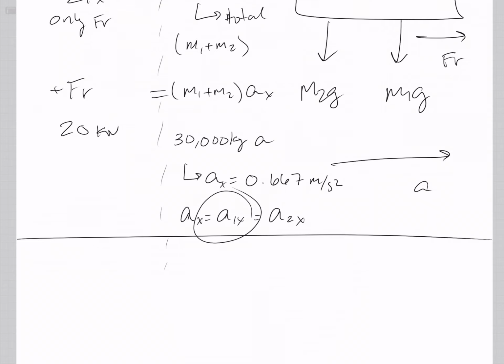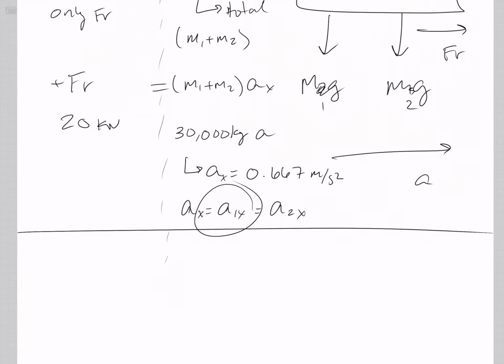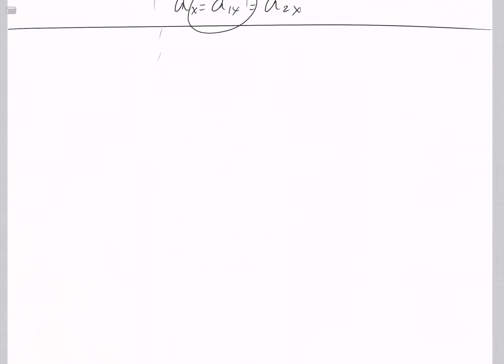Alright, now we have that, and we know now the acceleration of block 1. This is block 1. So let's find now everything about block 1. Because in order to find the tension in the rod between the two blocks, we have to break it up.